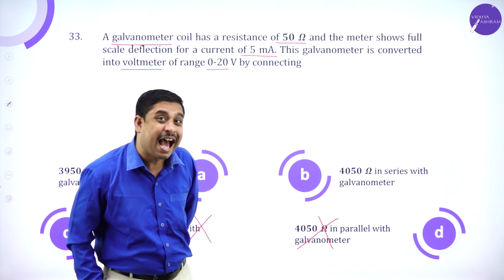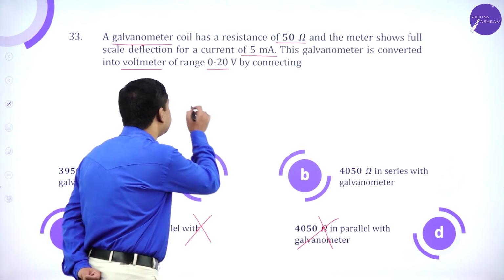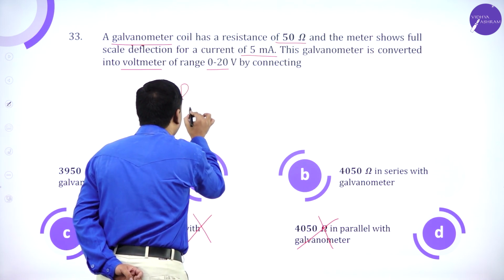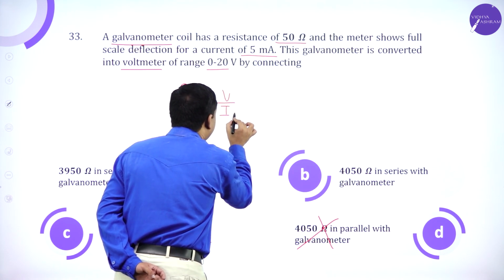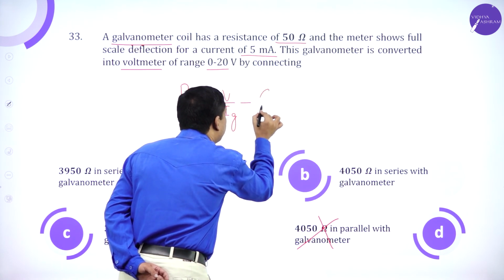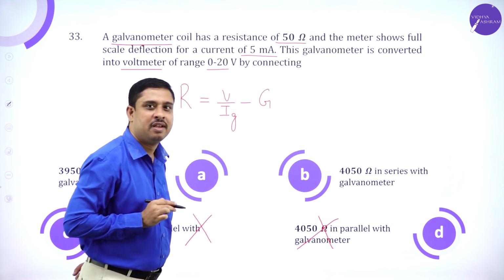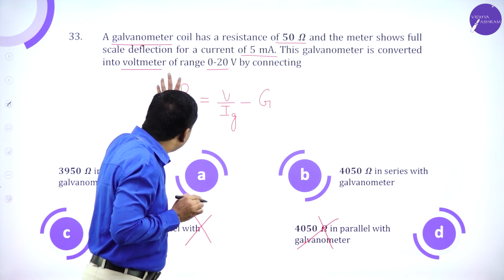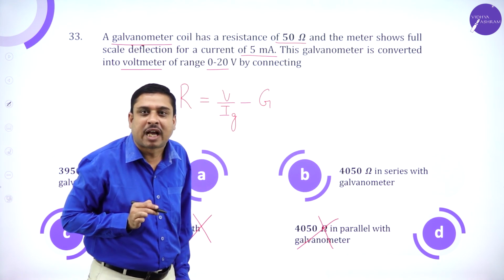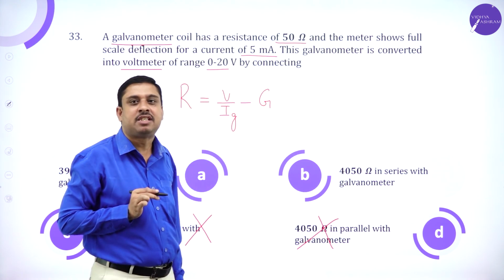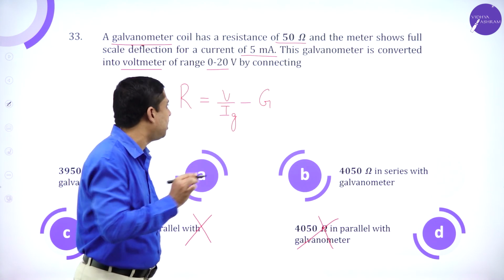Now, how do I calculate the value of high resistance? R is V by Ig minus G. This is the value of high resistance required to convert a galvanometer into a voltmeter.